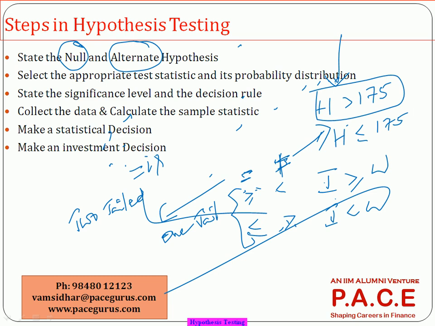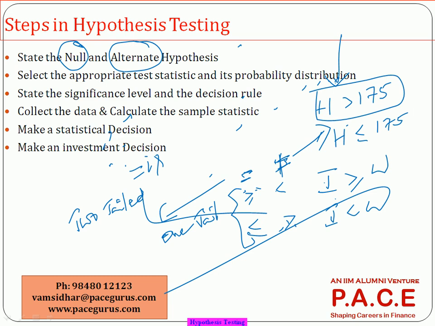That's where we call it a two-tail test for the equal to and not equal to pair, and for the other two, we call them one-tail tests. We'll discuss more about it slightly later. So first thing is I need to know my null hypothesis and alternate hypothesis, and whether I'm doing a two-tail test or a one-tail test.